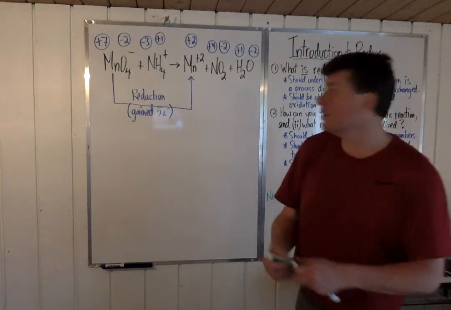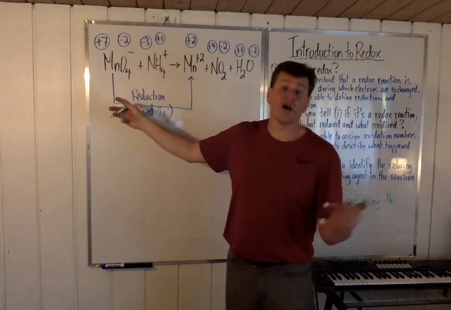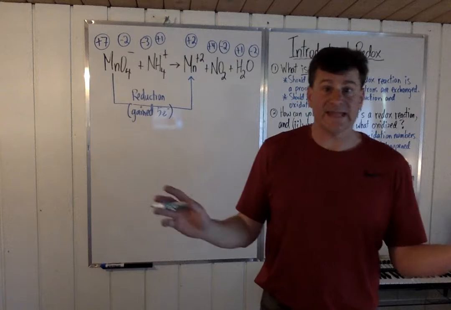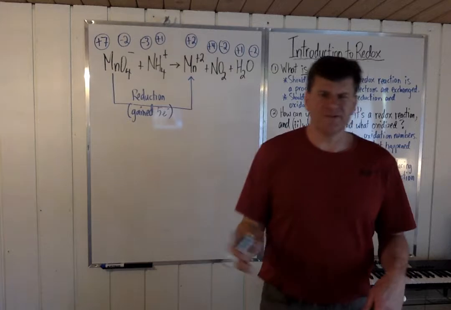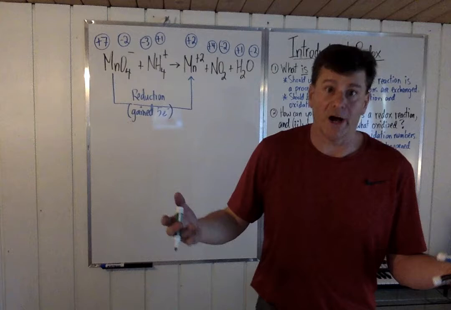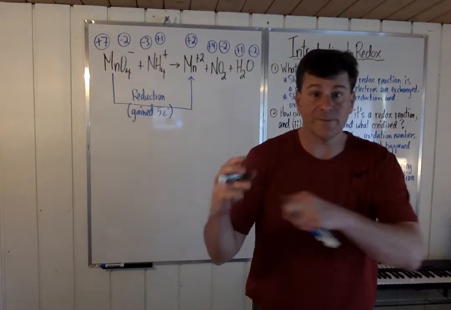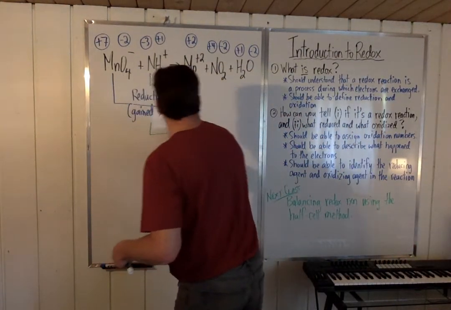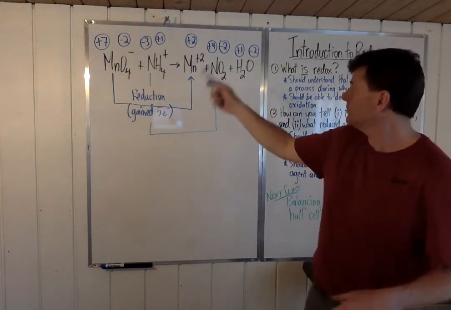And then, let's see, what oxidized then? So the oxidation, well, let's look at the oxygen first. -2, -2, -2. The oxygen didn't do anything. It stayed -2, so it's not the oxygen. Hydrogen, +1, +1. You'll tend to see that the things high on the priority list tend not to change their oxidation number a lot. In this case, the hydrogen and the oxygen didn't do anything. They're along to be bonded to other things. So actually what happened is the nitrogen atom went from -3 to +4.